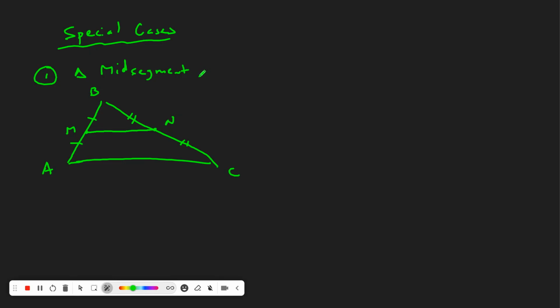So in this case, with a triangle mid-segment, that means that M and N, the endpoints of the segment that makes that parallel side, are midpoints. And again, these two are still parallel, and it just breaks the sides into equal parts, right? So it's a 1-to-1 ratio because AM is equal to BM, and same thing on the right-hand side.